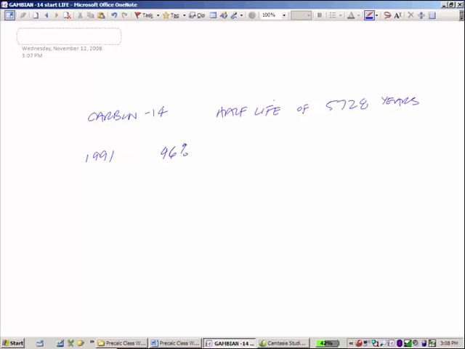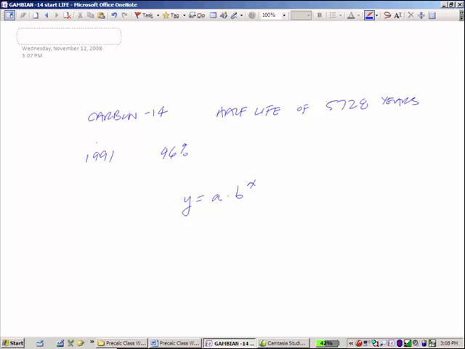But the problem here is, how do we set this up as an exponential equation? What's an exponential equation? Peter, what's an exponential equation? All right, so y equals a b to the x. What are they telling me? What information do I know?